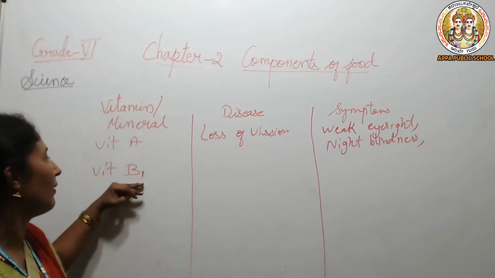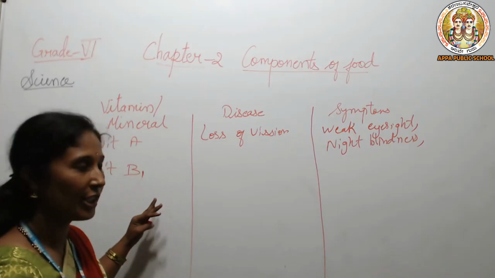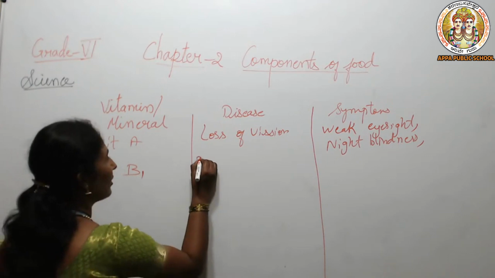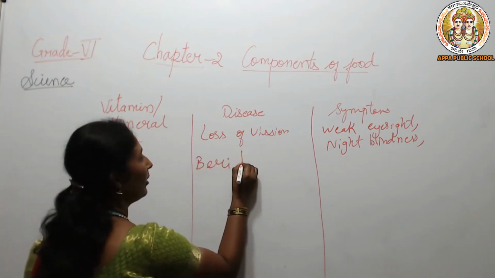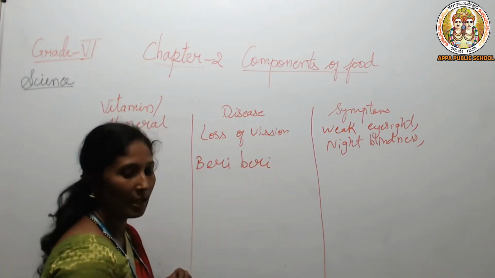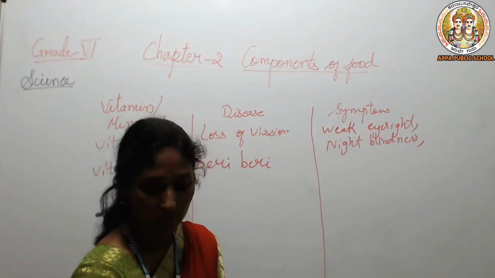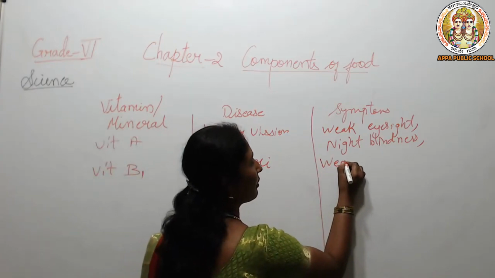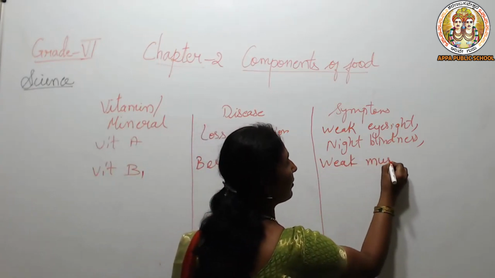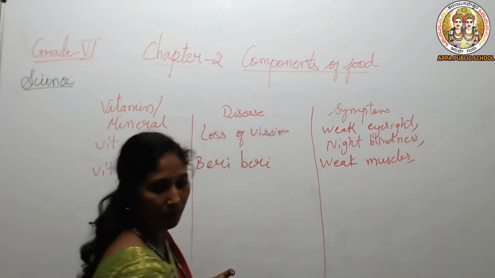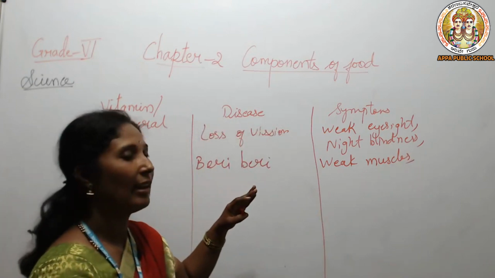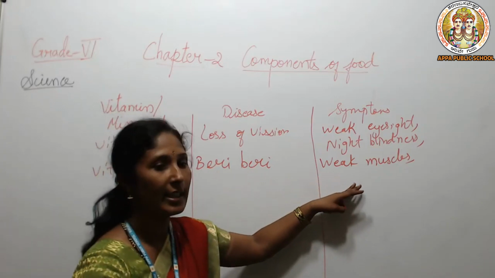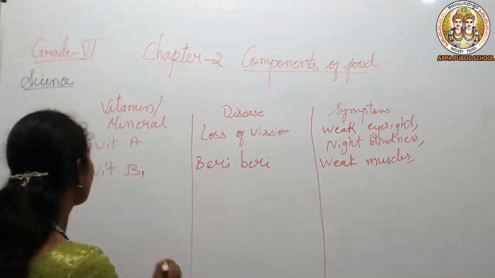But when we are not getting sufficient vitamin B1, we can suffer from the disease known as beriberi disease. The symptoms will be weak muscles. We do not get energy to do work. When we are suffering from this disease, the energy level will decrease.